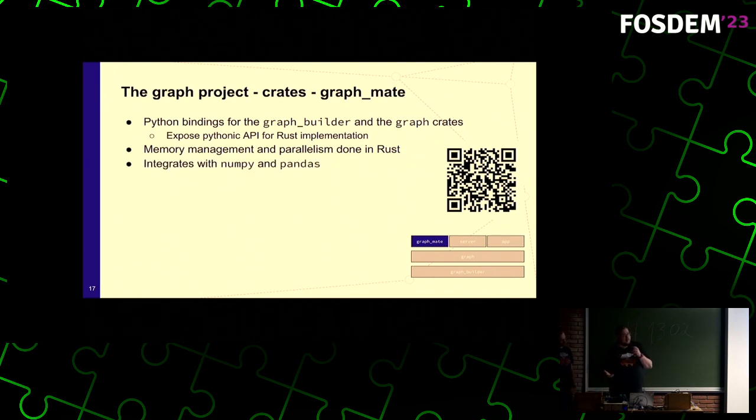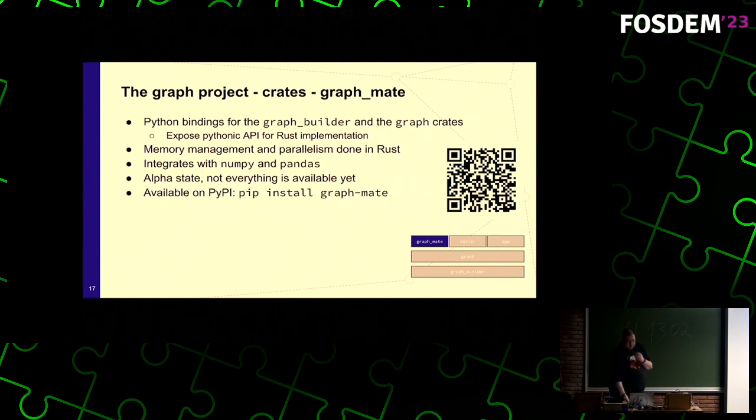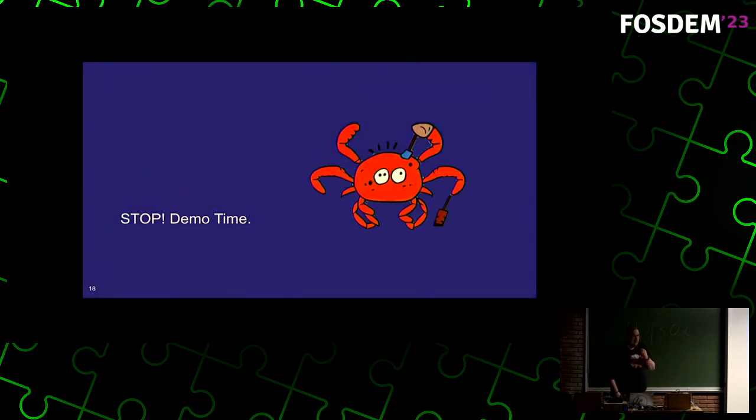We also integrate with NumPy and Pandas, which are de facto standard libraries in anything Python. It's very alpha, so it works, and you can install it via pip. It's available on PyPI. And I just want to run through a demo, which is a notebook.